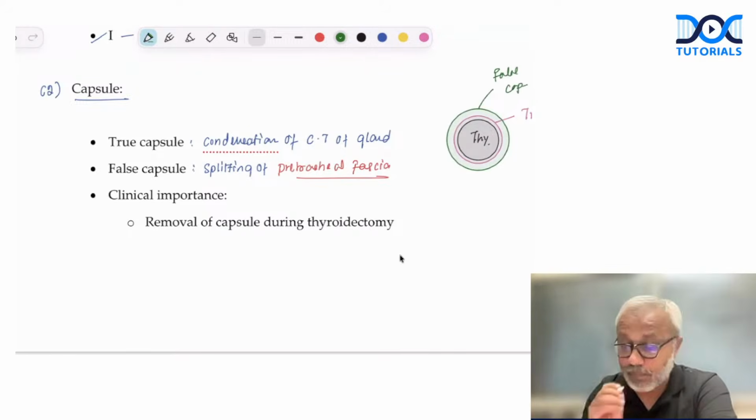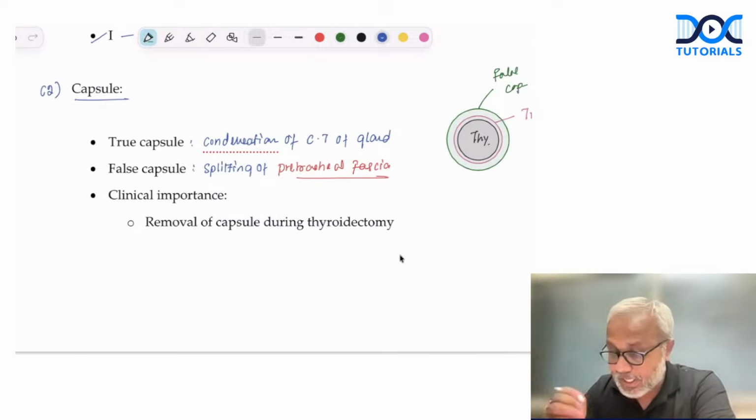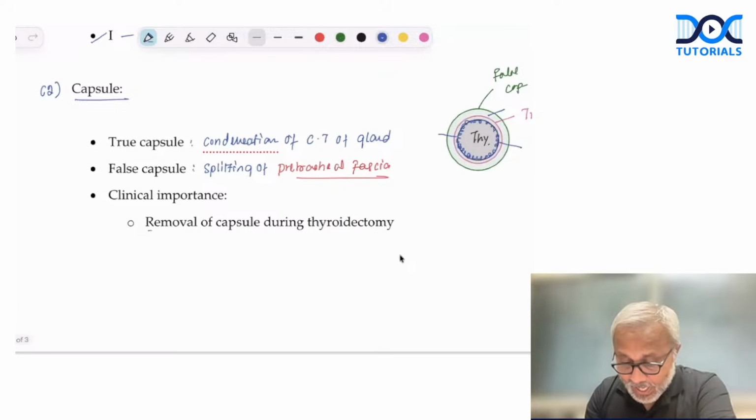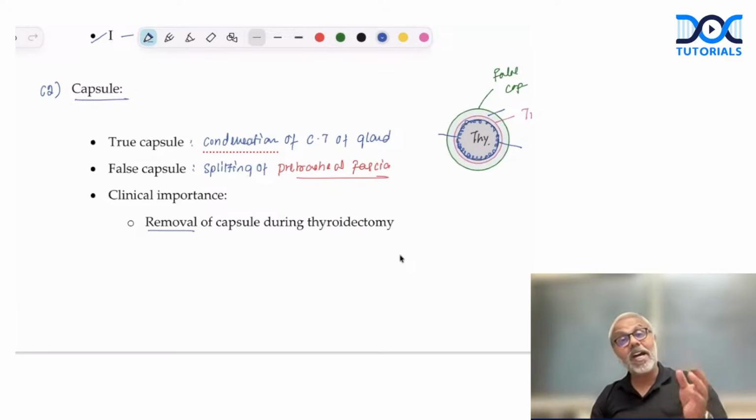Now, one important thing here is that deep to the true capsule there lies a connective tissue venous plexus. The venous trunks will traverse through the capsule and form a plexus deep to the true capsule. This has relevance during thyroidectomy.